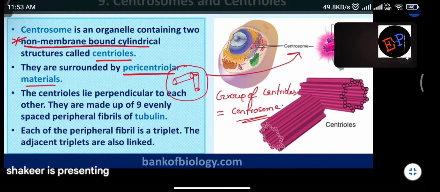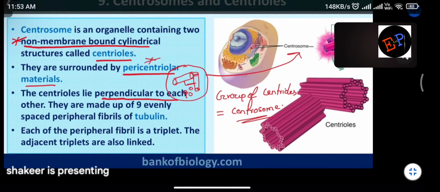What is the name of the materials which surround these centrioles? They are called pericentriolar materials. Centrioles lie perpendicular to each other. Already we discussed, so the angle between two centrioles is how much? It is 90 degrees.